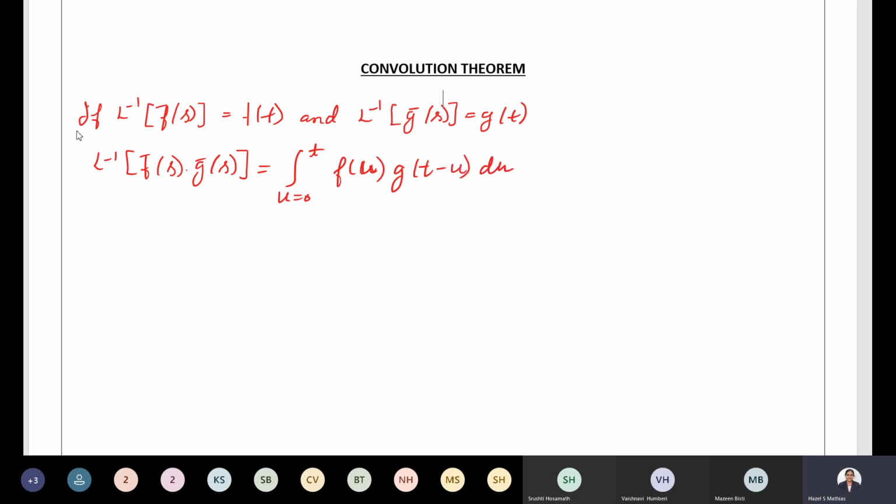This is how we find the inverse Laplace transform of a product of two functions. We discussed this in the previous class and solved a few examples based on it. So let's discuss a few more examples based on this theorem.